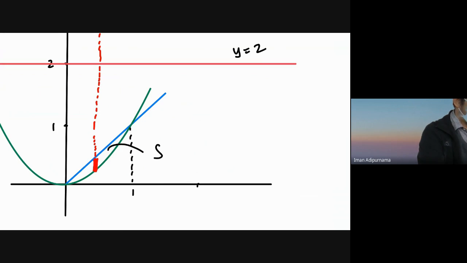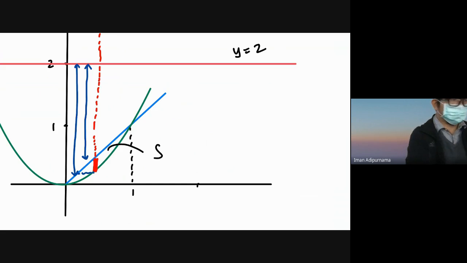So we will have two radii. This is the radius that is inside, and this is the outer radius. Let's say this one R2, this one R1.